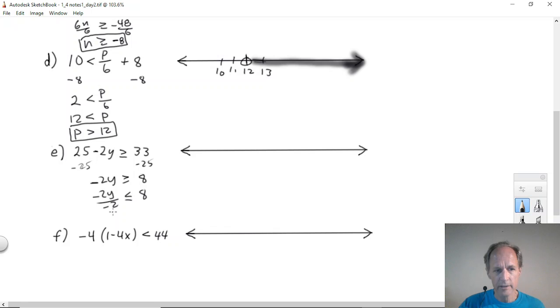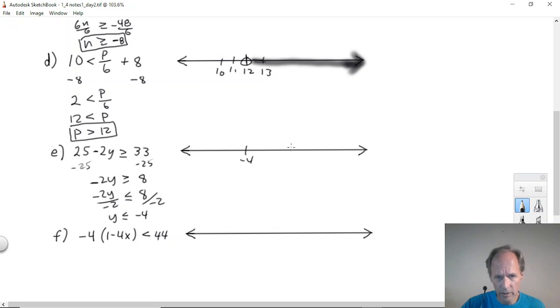Now that gives us, got to divide both sides by negative 2. Oh, not there, sorry. Okay, so divide both sides by negative 2, which causes this direction of the symbol to reverse. So now it's less than or equal. We get y less than or equal to negative 4. So we can put our negative 4 right here.